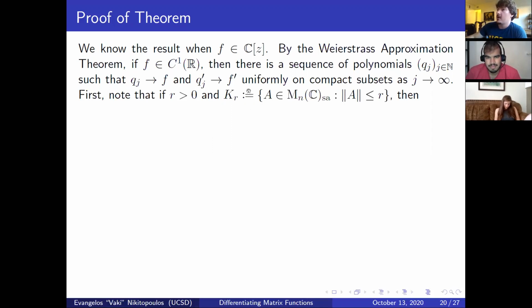Now we're going to pick our favorite compact set, the ball. We're going to let R be greater than 0 and let Kr be the operator norm ball around 0 in the Hermitian matrices.